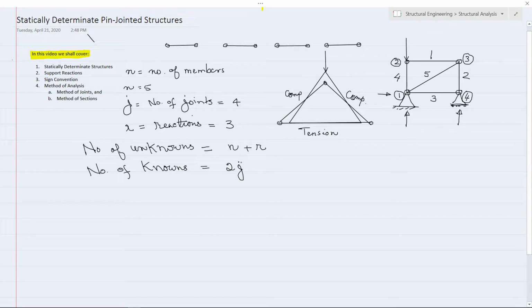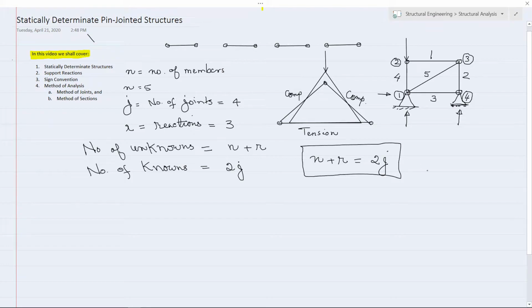Now if this is a determinate structure, that means we can easily calculate the unknowns, then very simply n plus r should be equal to 2 times j. So this is the governing equation.